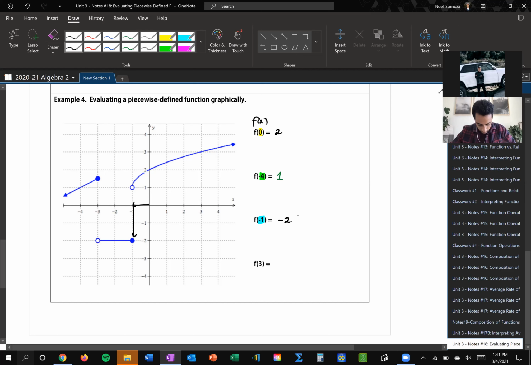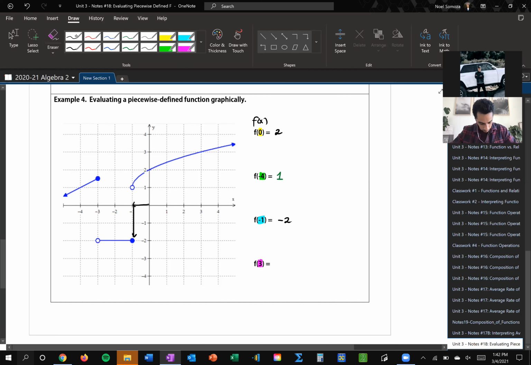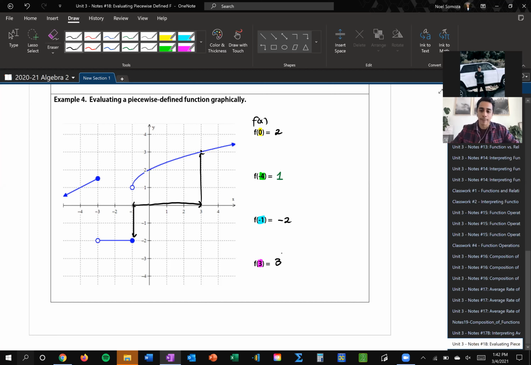And then finally, f of 3. We travel to 3 on the x-axis, and then we're going to move up to meet the graph. It's defined there at +3. Right? It's fun, right? I love it. It's one of my favorite lessons.